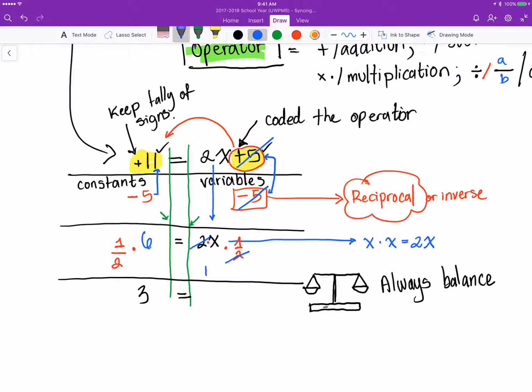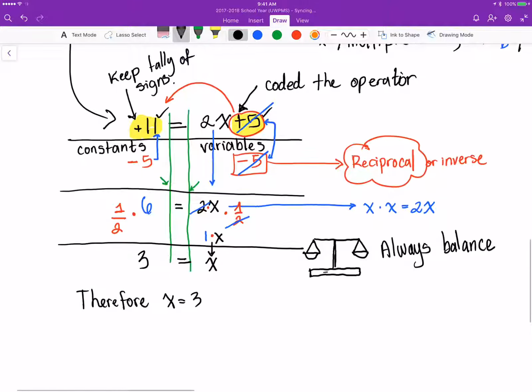And 1 times x equals x. Therefore, x equals 3. At this point, I can say that I am about 75% complete with this task.